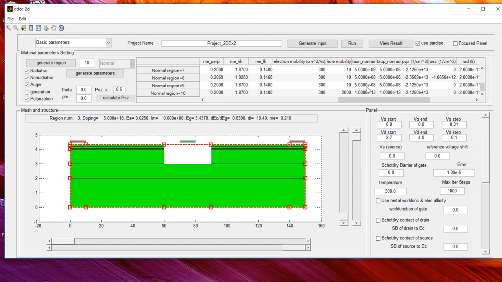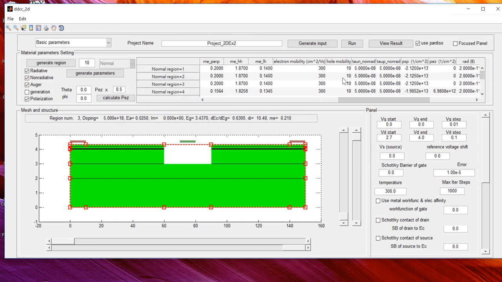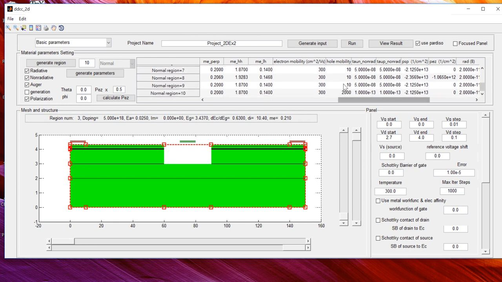Oh yeah, here pgan, I change the pgan mobility to maybe 5 or 2. You can change or not; it depends on the experiment. If experiment says 2, then you change it to 2. If it's 5, then you change it to 5. 10 is a very common value, but it's not under a very heavy doping condition.